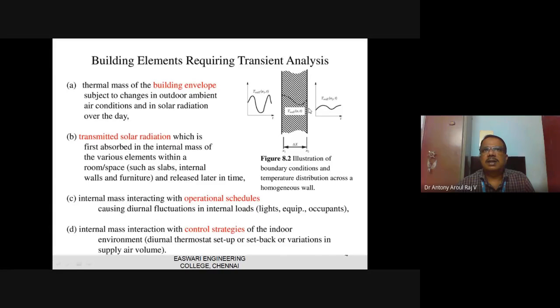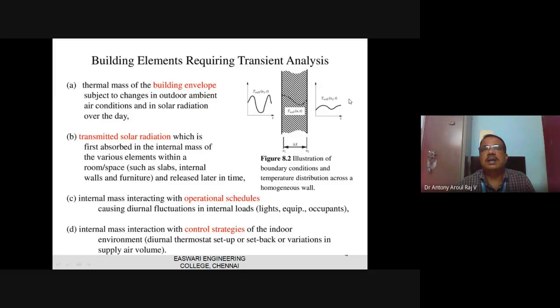M into cp, where cp is the specific heat of the material and m is volume times density. If the volume of the construction material is more, in other words if thickness is more, the response will be like this. If thickness is less, the response will be like this, and the same signal will be there here.